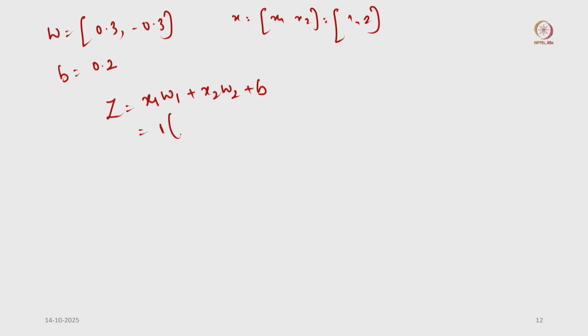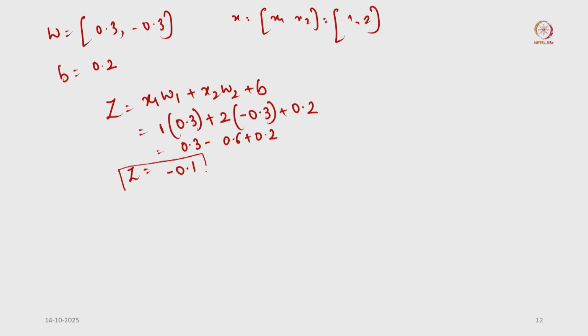It is 1. What is the weight? Now you will use the updated weight. What is x2? It is 2. What is the new weight? Minus 0.3, plus bias 0.2. So the z value we get is 0.3 minus 0.6 plus 0.2, which is minus 0.1. This is the z value.